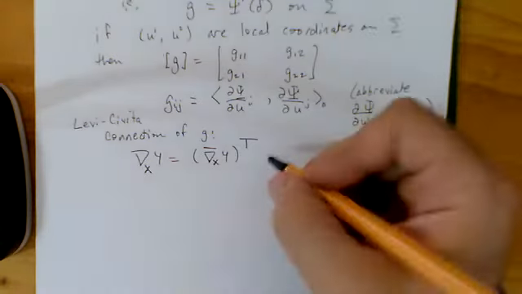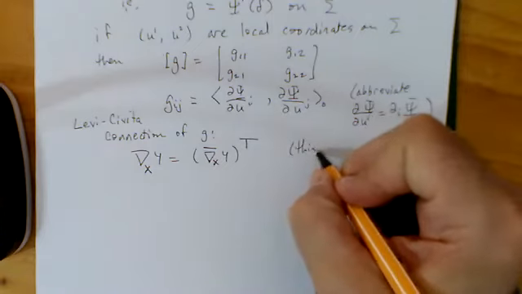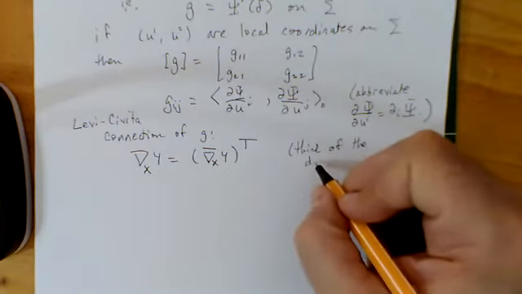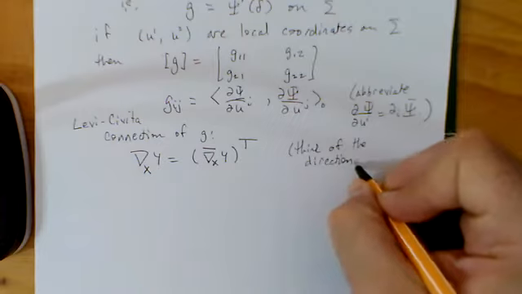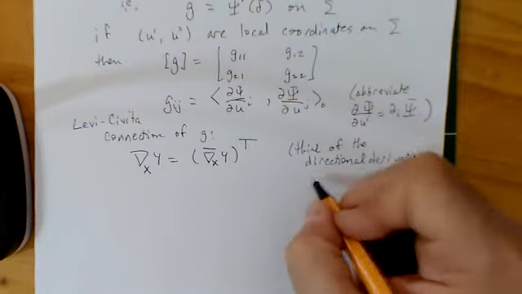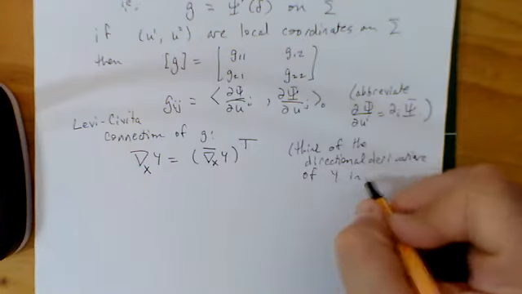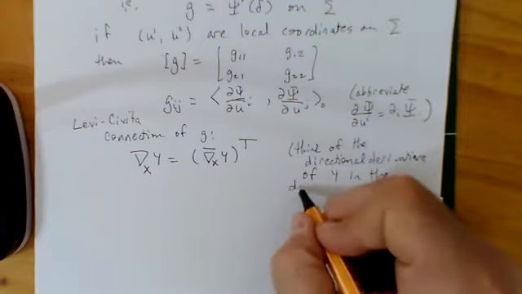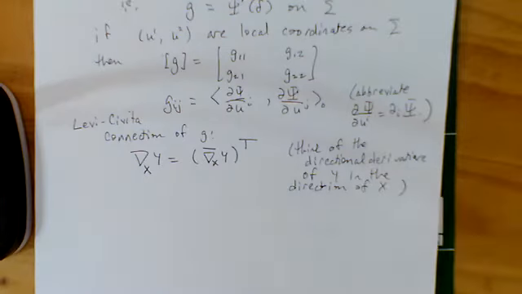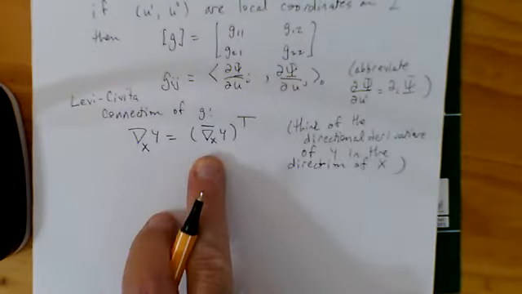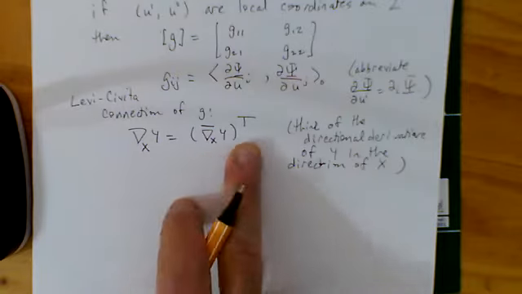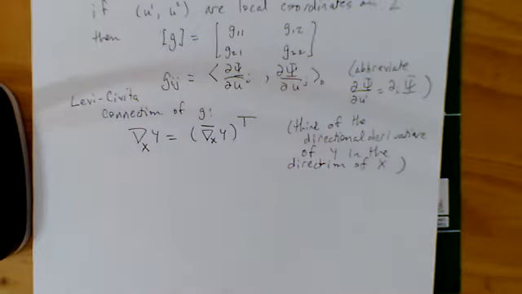So you should think of this as the directional derivative of Y in the direction of X. So what do I do? Well, I take the ambient directional derivative, which makes sense in Euclidean space, and then I project onto the tangent space. So let's actually write out what this is.